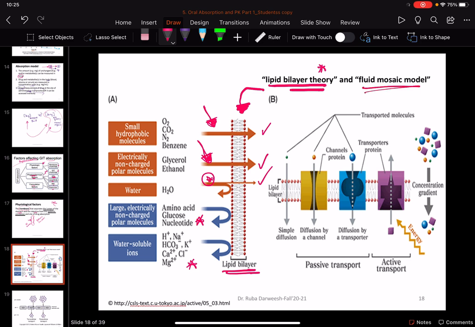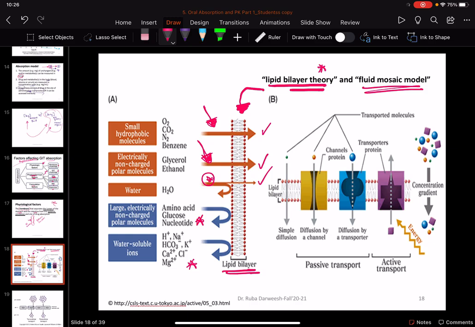Okay, and this is what goes under the fluid mosaic model, in which we know that there is some fluidity in the membrane, and there's a certain kind of movement and pores available in the membrane. So we could have some movement of other material related to the pores, or to transporters, or even to the movement of the bilayer or parts of the bilayer.